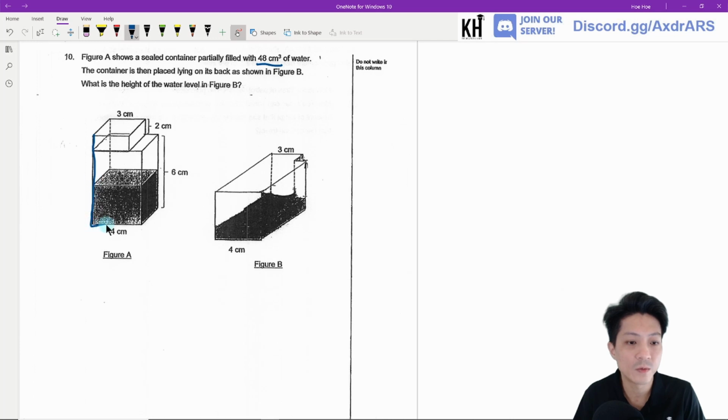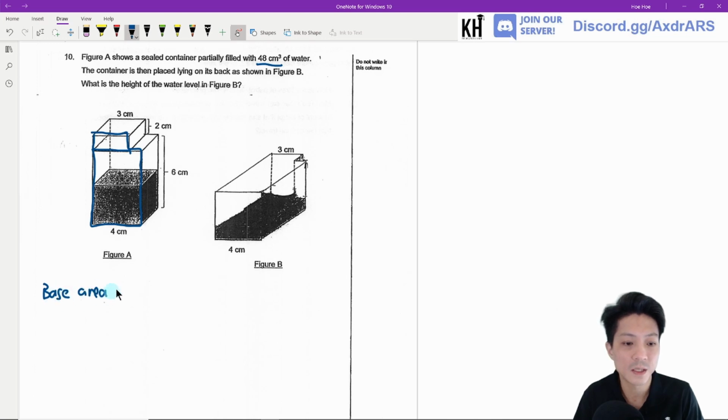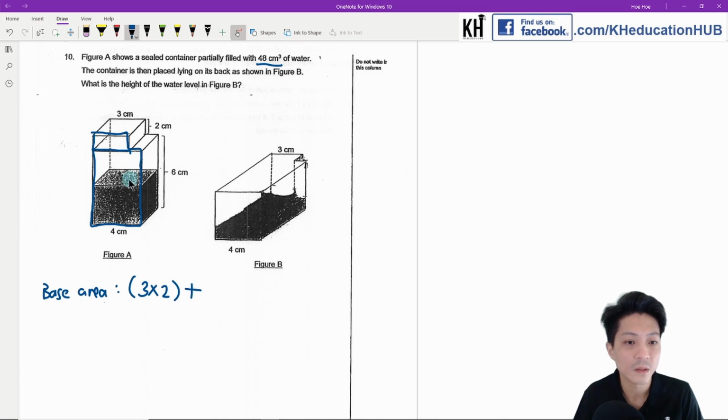So the base area will be in the shape of this thing over here. I'm gonna find the area of this smaller rectangle plus the area of this bigger rectangle. Base area is gonna be equal to 3 times 2, plus the area of the bigger rectangle, which will be 6 times 4.